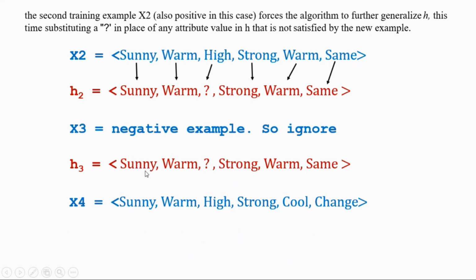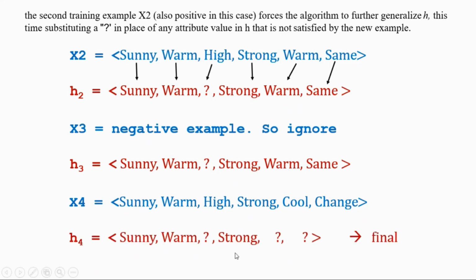These values are matched one to one. In H3 the first value is sunny, X4 also, so keep it. The second value is warm, here also warm, keep it. And here you see this is a question mark, but what is in X4? There is a specific value, high.